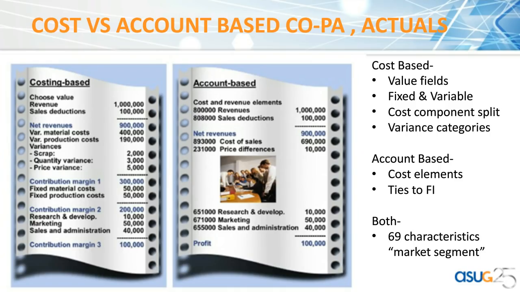So as you're looking at these two different styles of reports, you'll notice that the cost-based report has a lot more detail. It's able to split fixed and variable cost, and it's able to pull out variances from purchasing and from production. Those are really important key figures when we're measuring contribution margin.